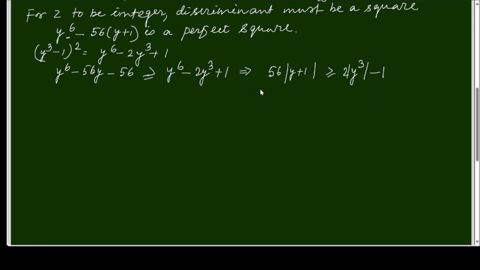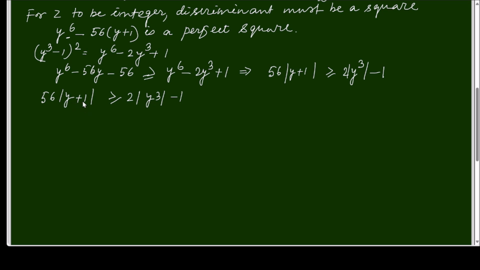Now we have to apply the number theory concept and critical thinking: what should be the value of y so that 56 times |y + 1| is greater than or equal to 2|y^3| minus 1. If y is 1, the inequality holds good. For 2, yes.